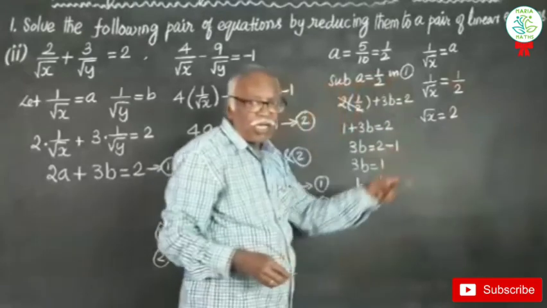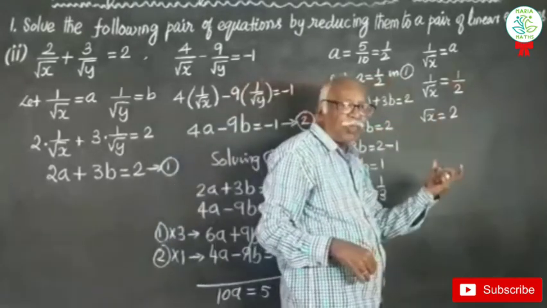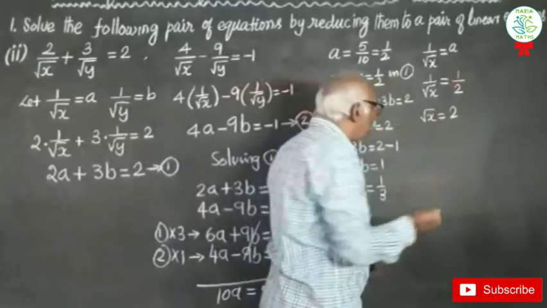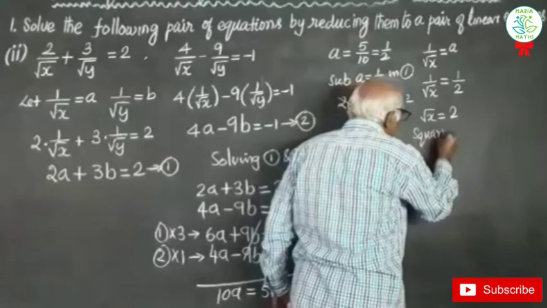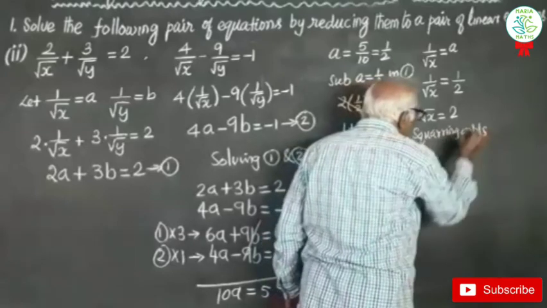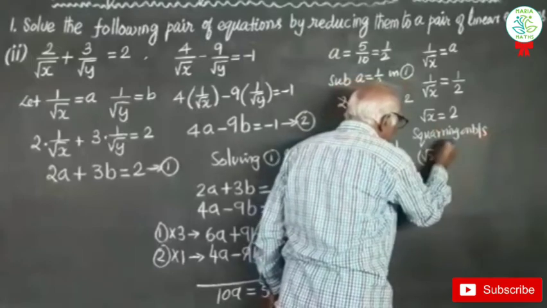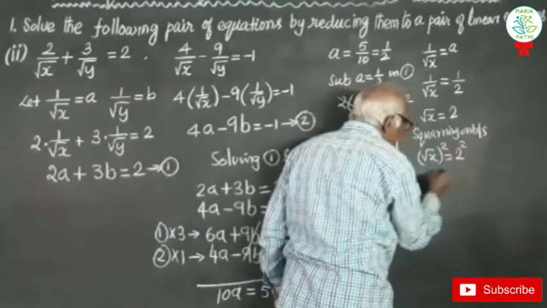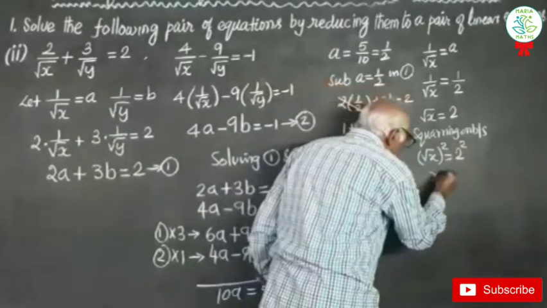Root x is 2, so how to find x? Now we have to square root x, then x will remain. So squaring on both sides. Root x the whole square equal to 2 square. So root x the whole square is x. So x is equal to 4.